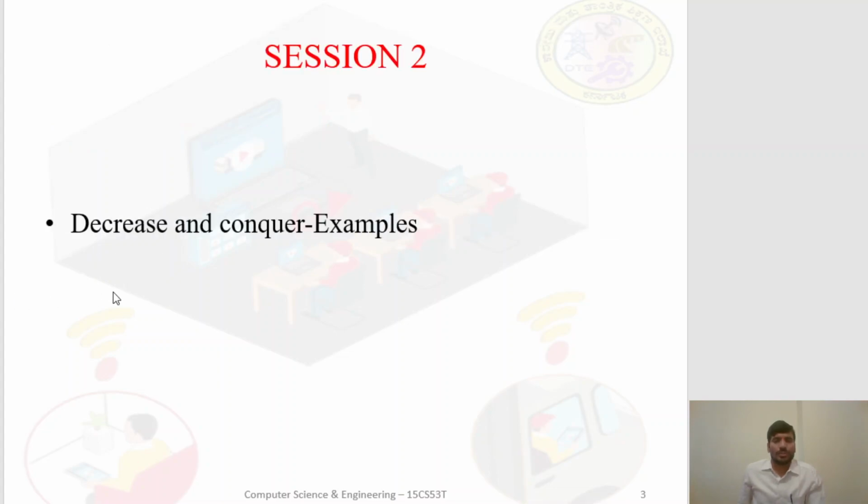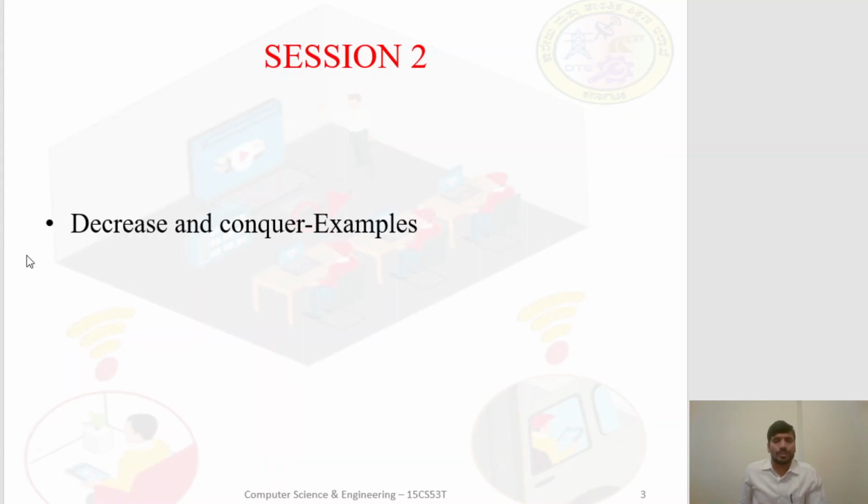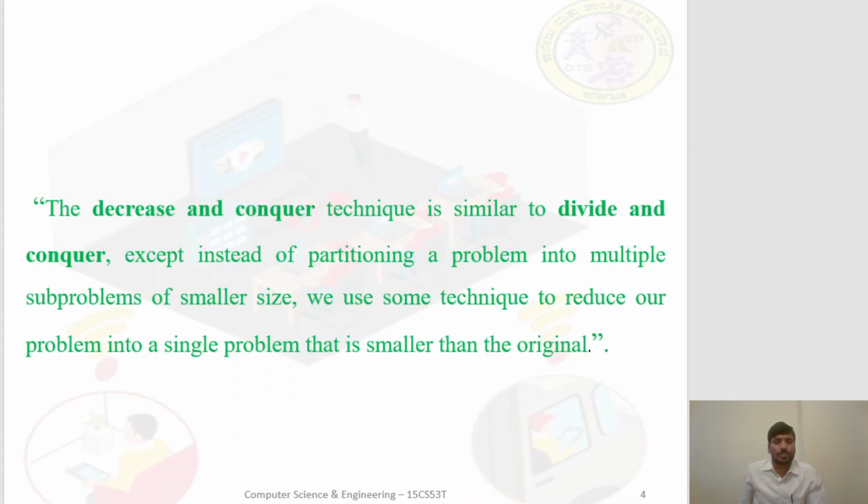In the second session, we will discuss various examples of the decrease and conquer technique. In the last session, we discussed variations of the decrease and conquer technique and its introduction. And in today's session, we will discuss those variations with examples.